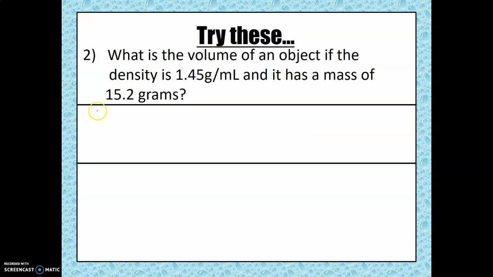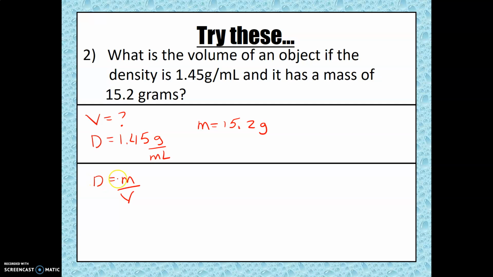Let's try another one. This time, we don't know what the volume is. We know that the density is 1.45 grams per milliliter. And we know that the mass is 15.2 grams. Our density equation is mass divided by volume. I like to just plug the numbers in and rearrange them, but many students prefer to isolate the correct variable before they start.